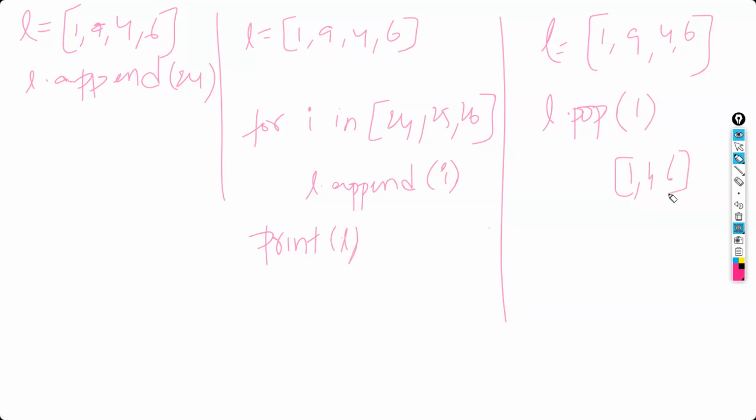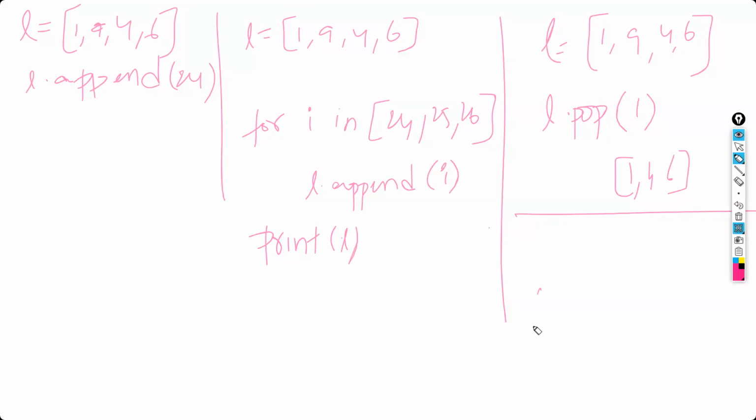Now I want to remove 1 and 6, both of them, by using pop only. Only by using pop. I don't want anything else. Then what are you going to use? For loop. One more time, for loop. Or for example, in terms of the index numbers I don't want, first index number, last index number, that is index 0 and index minus 1.